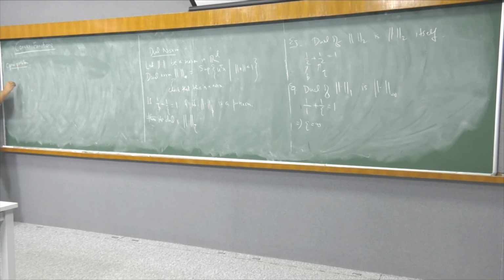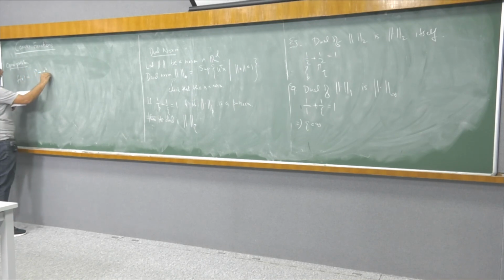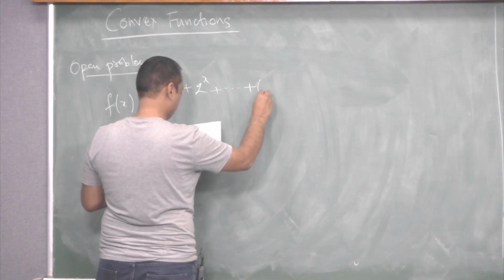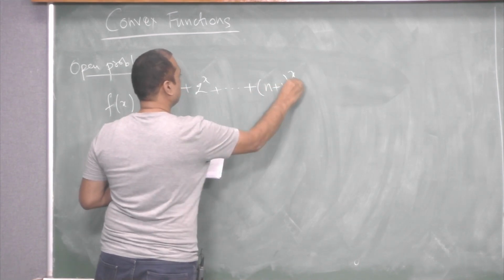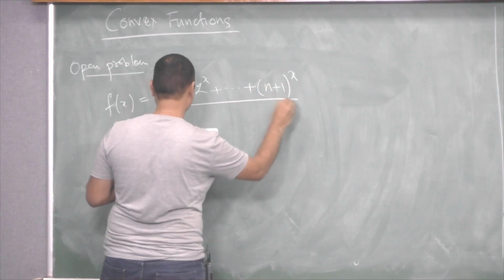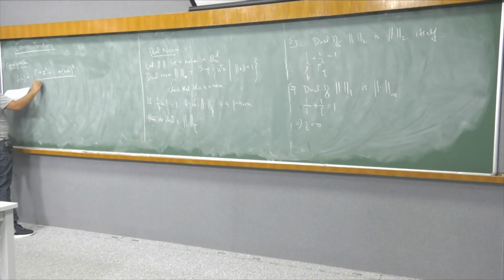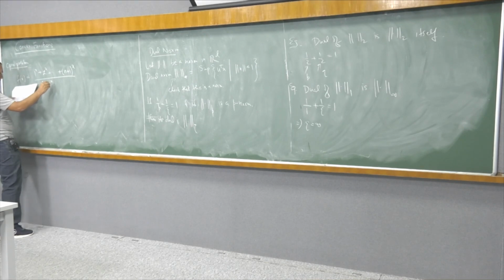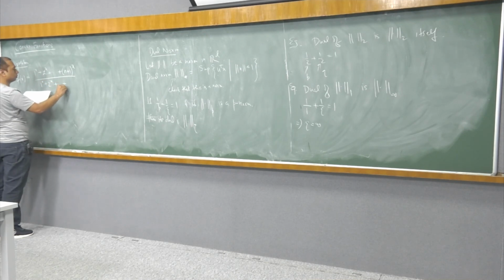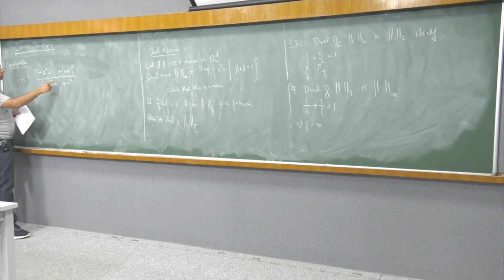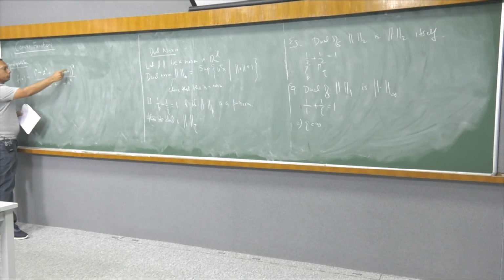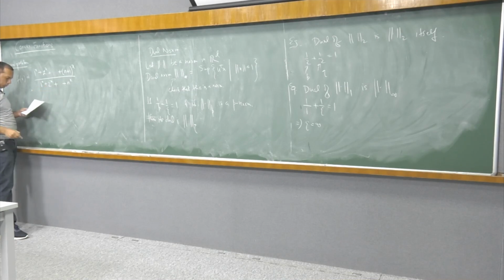The function is defined to be f(x) = (1^x + 2^x + ... + (n+1)^x) / (1^x + 2^x + ... + n^x). The difference seems to be (n+1)^x versus n^x; until here it seems the same.